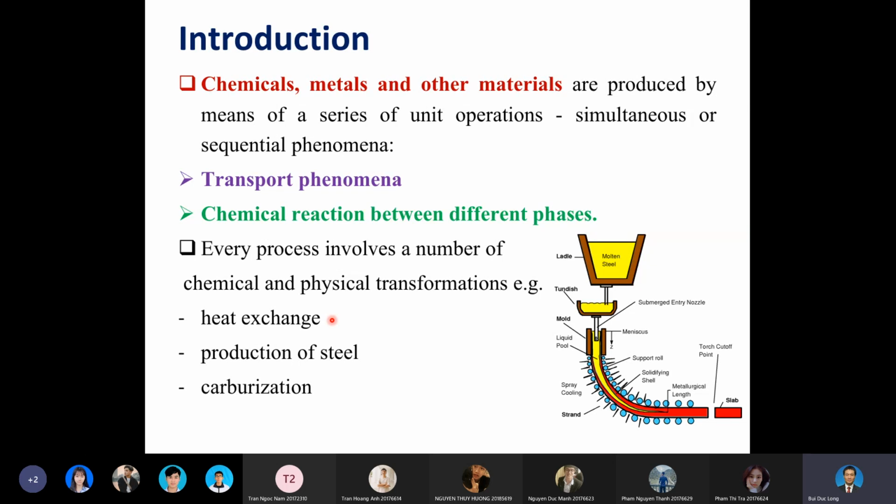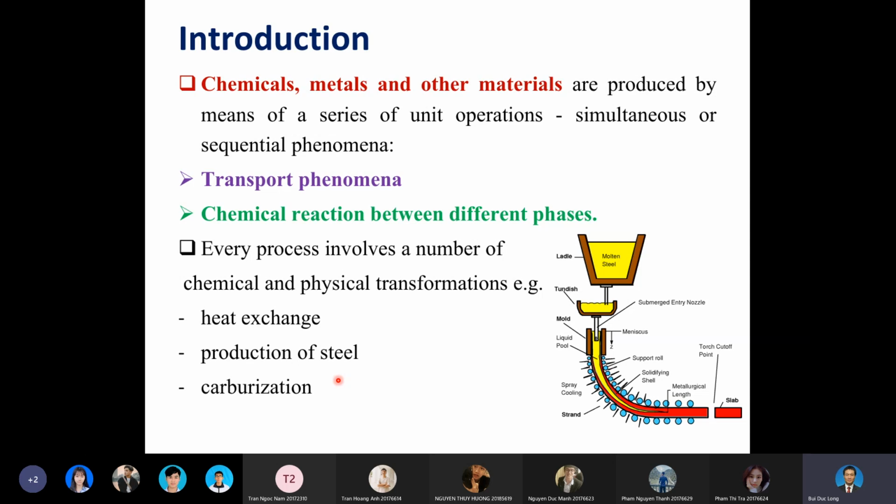It has a hard surface, but the inside still has toughness. So you need to use a carburization process. It means you use carbon to penetrate the surface of the material to make it harder.